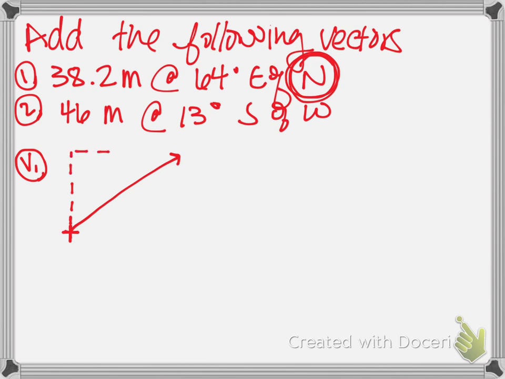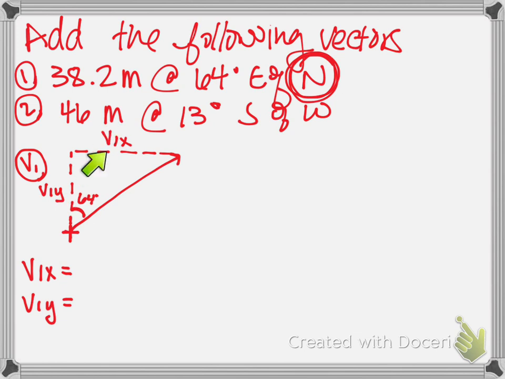The components of my triangle need to go that way. And so that would be where my angle sits, 64 degrees. And so I might call this side of my triangle V1X, and I would call this side V1Y. Okay, V1X and V1Y. Now I'm going to come down and solve those components.